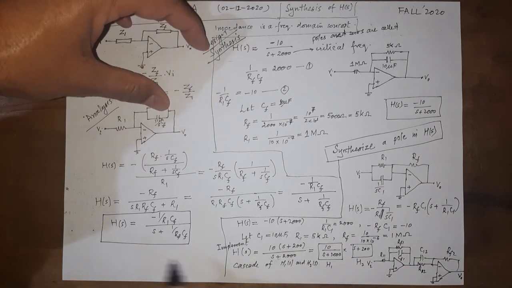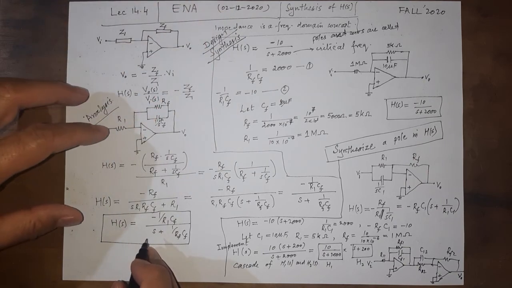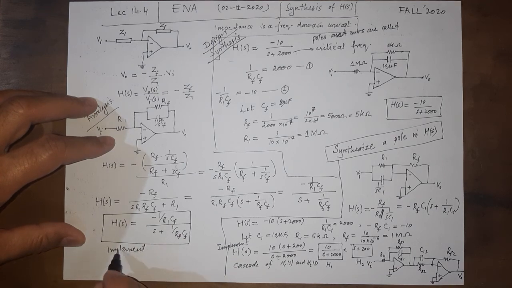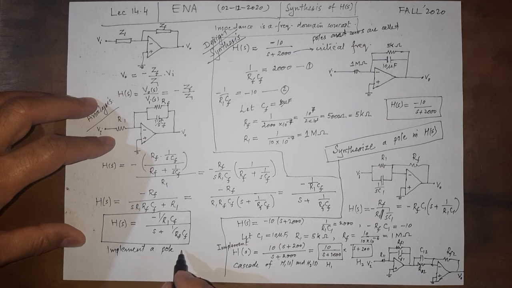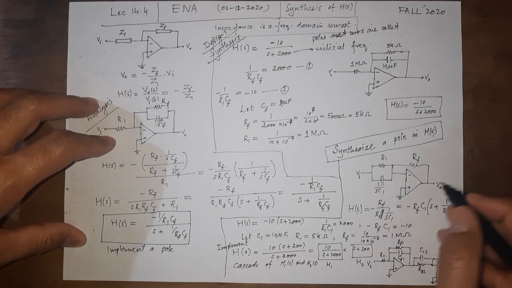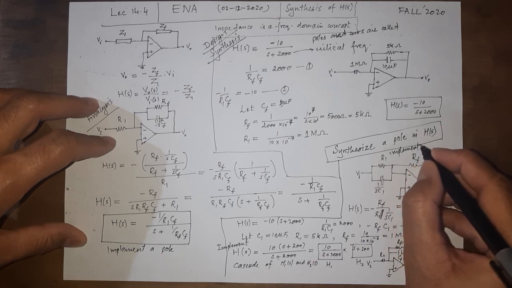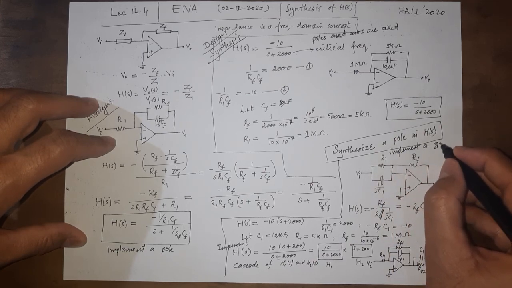So basically, let us now conclude this. This circuit can implement a pole, and this circuit can implement a zero.